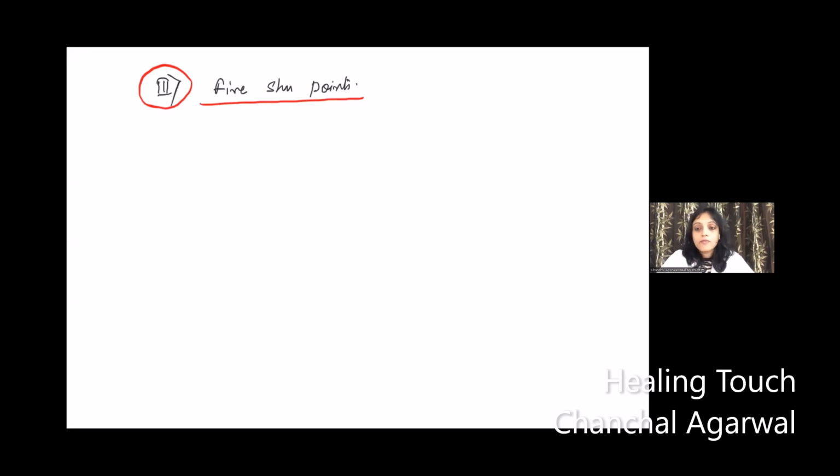Like we said, our body is made up of 5 elements with 5 energies. That is clear to everyone? We have some energy channels in the body through which energy is flowing. These are called meridians. Now, each meridian also has 5 elemental qualities. This is very important.